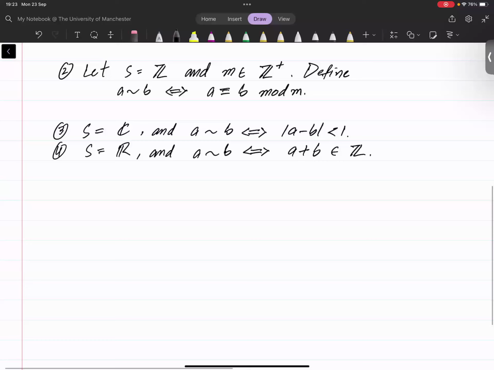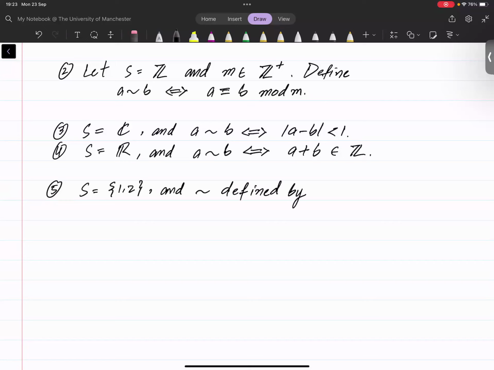We can specify more examples by saying that we have a set S which has only the elements 1 and 2, and a relation defined, not an equivalence relation, by: 1 is related to 1, which means (1, 1) is an element in the relation R; 2 is related to 2; 1 is related to 2; 2 is not related to 1.